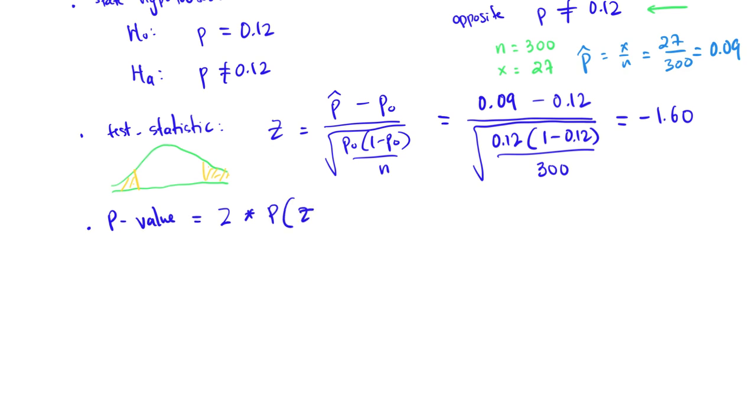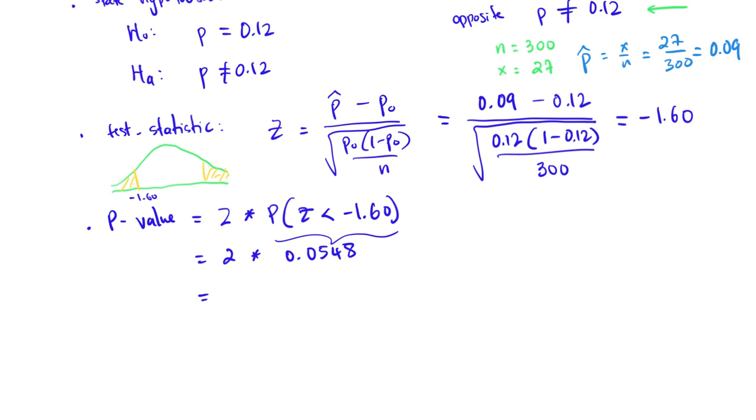If the test statistic is negative, this is negative 1.60, so we're looking for the area on the left-hand side of the negative test statistic value. So P of z less than negative 1.6. Using either the z table or a calculator, we will find that this probability is 0.0548 rounded to 4 decimal places.